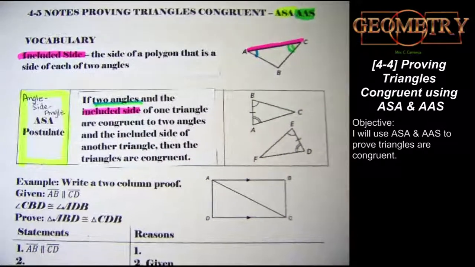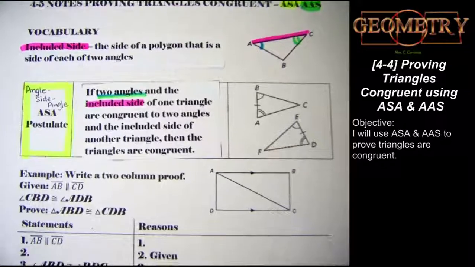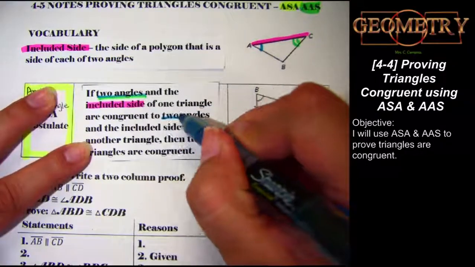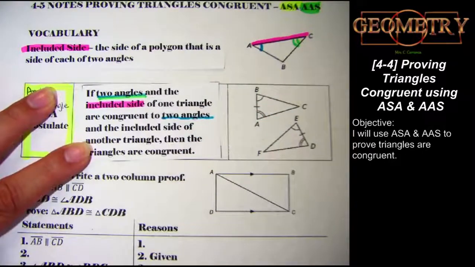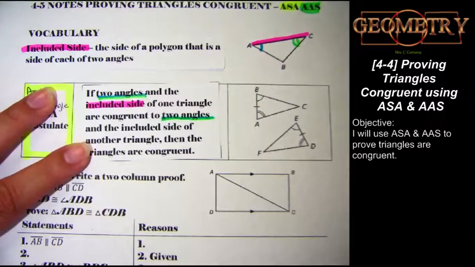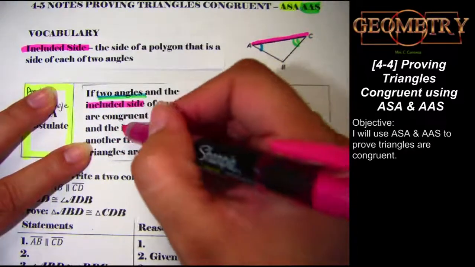If two angles and the included side of one triangle are congruent to two angles and the included side of some other triangle, then the two triangles are congruent.